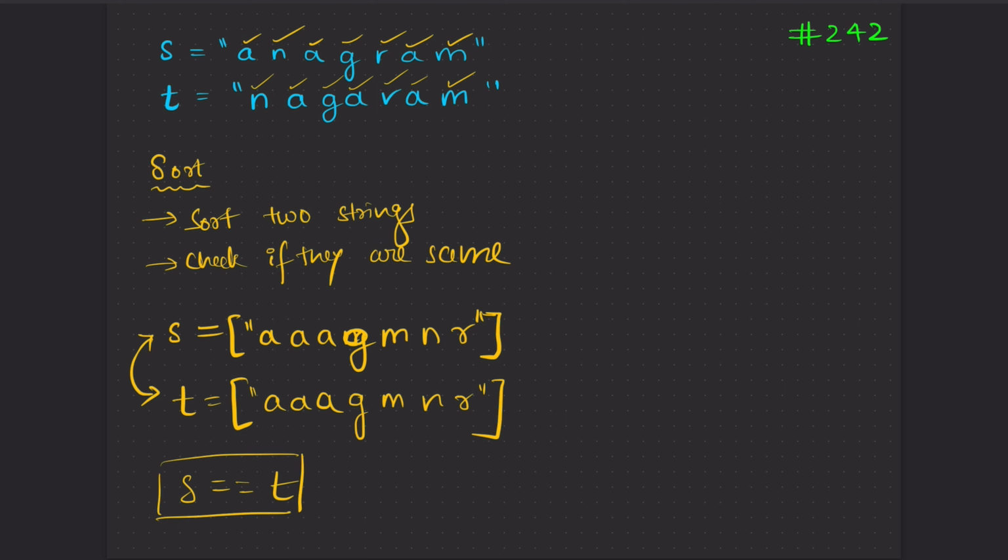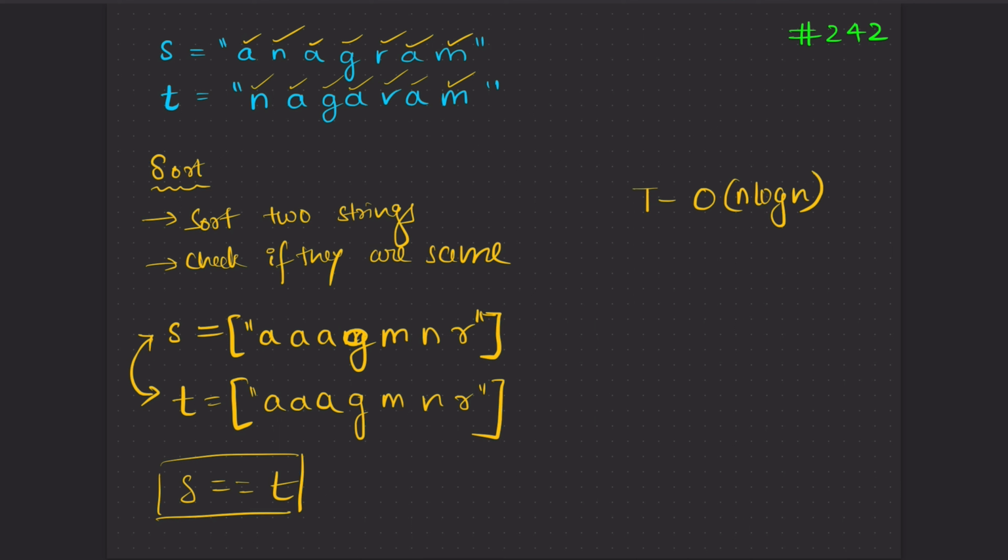Now the time complexity for this is obviously, whenever you're sorting using an inbuilt function, the most efficient version of sorting is O of n log n.